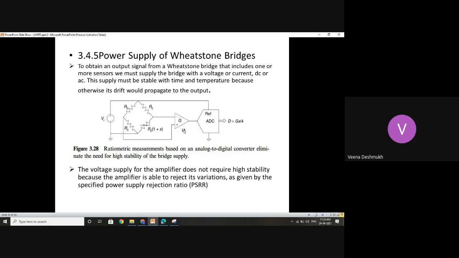Under such cases, how much variation the op amp is producing at the output end due to this change in the power supply. If that lies within certain limitations, only then that particular setup is used. So this is given by the power supply rejection ratio.